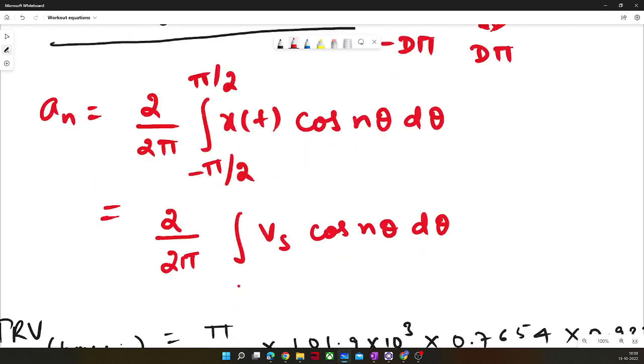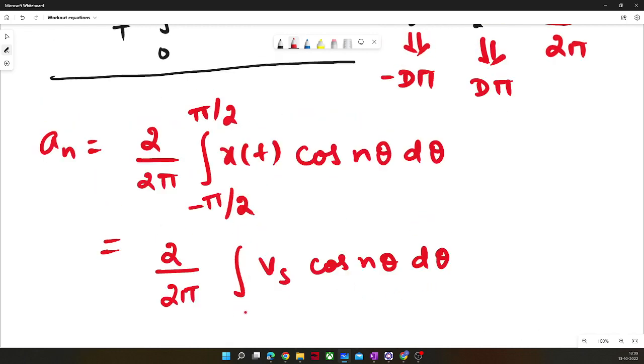And for the period when no signal was present, that would be minus d pi to d pi, right?